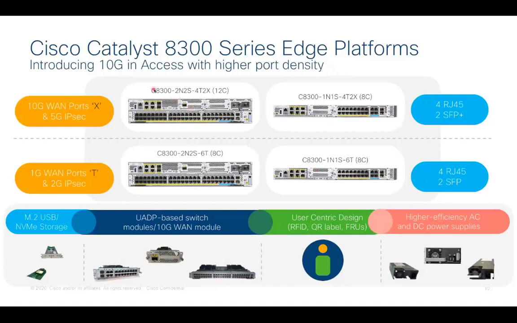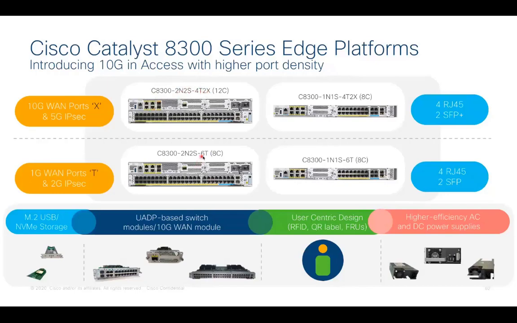C stands for Catalyst, A stands for Platform Series, N stands for NIM slot, S stands for SM slot, T stands for 1 gig, and X stands for 10 gig. So if you read the PID, it's Catalyst 8300 with 2 NIM slots, 2 SM slots, 4 1 gig ports, and 2 10 gig ports.